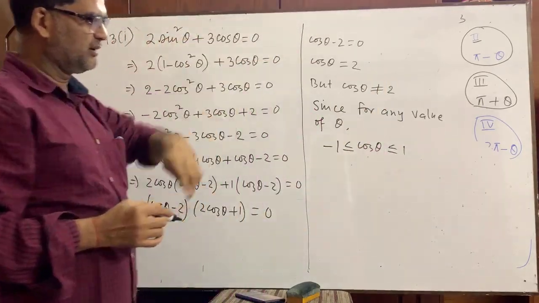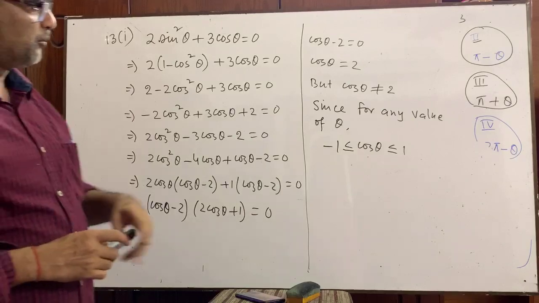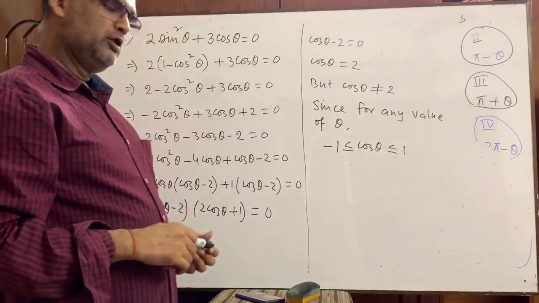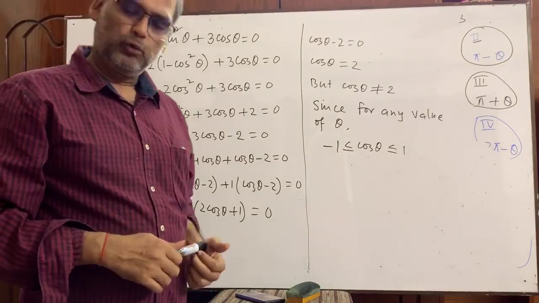That is, the maximum value of cos theta is 1, but here it is given 2. The value of cos theta cannot be more than 1.